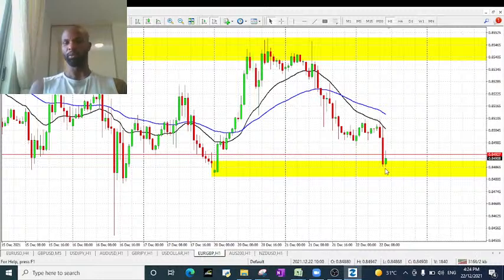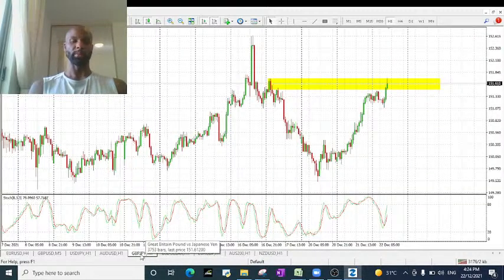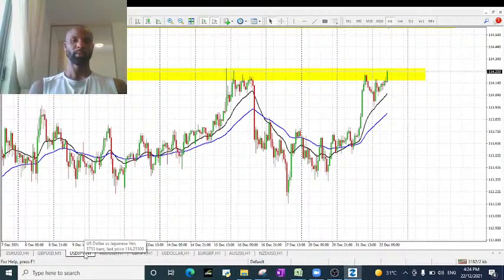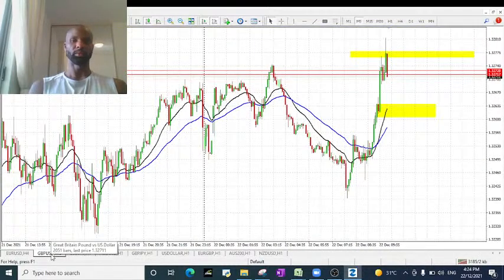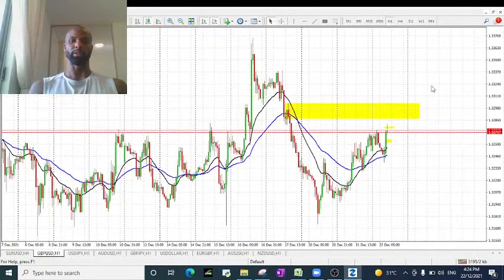You can see how we came down and we're pushing back up. So it could work, but it's a pain. Okay, now pound USD is rejecting.